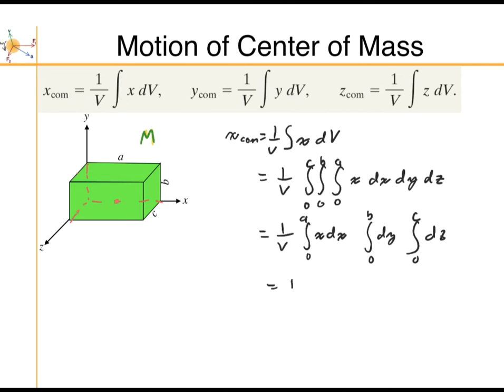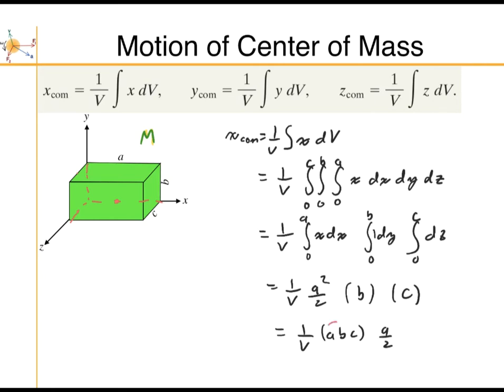So if I have 1 over V, the integral of x from 0 to a, that's an easy one. You just end up with a squared over 2. The integral of basically 1 from 0 to b with respect to y just gives you b, and the integral of nothing with respect to z just gives you c. So let me rewrite this now. I'm going to factor out one of the a's, so a, b, c, and then the other a is going to be over here.